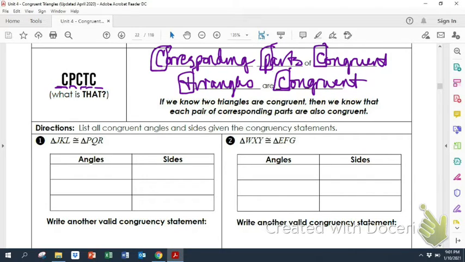So let's do an example here. List all congruent angles and sides given the congruency statements. So all we need to do here, we could draw a picture, but I want you to get used to doing this without drawing a picture and just doing it.